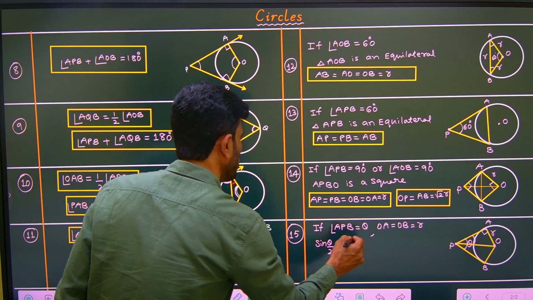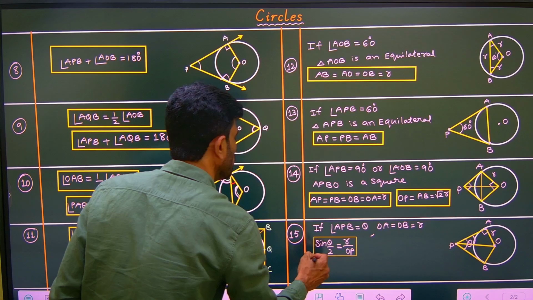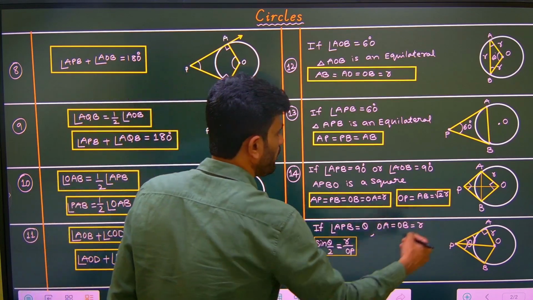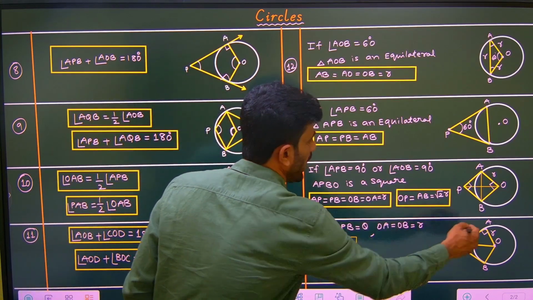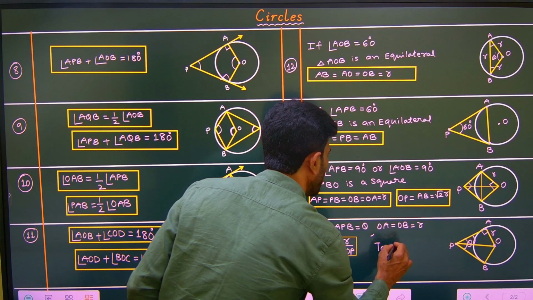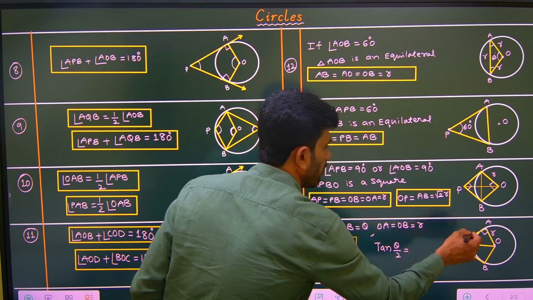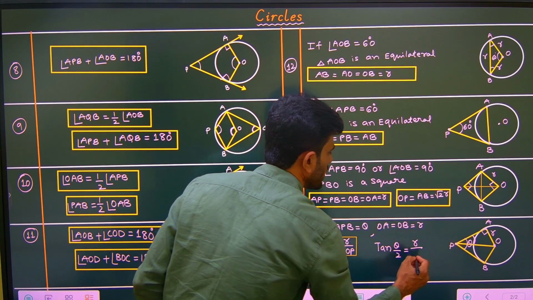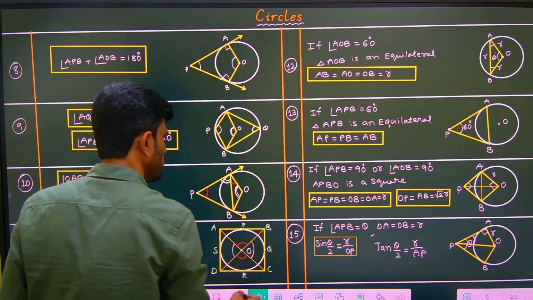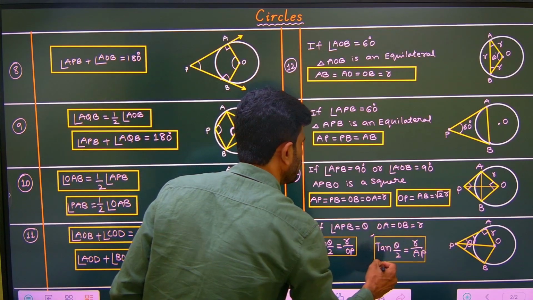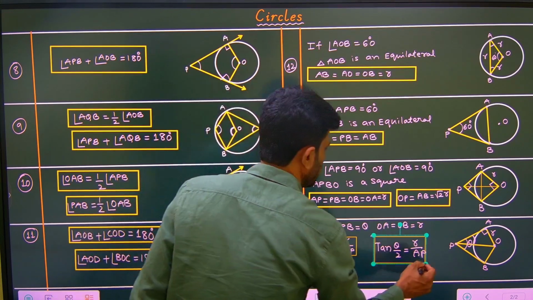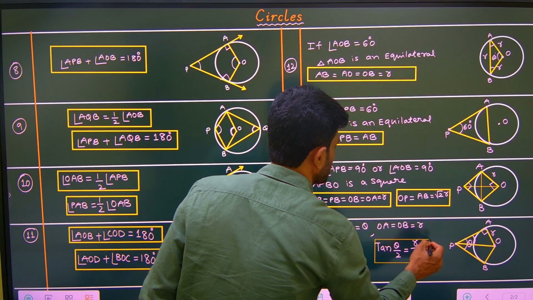Just remember, when angle and radius are given, you have to use sine theta by 2 to find OP. Similarly, if you want AP, it is the adjacent side to the angle, and the radius is the opposite side. In that case, you have to use tan theta by 2 is equal to opposite side R by adjacent side AP. From this we can find the value. Just try to remember these two methods to find the length of the tangent or the distance between the external point and the center.